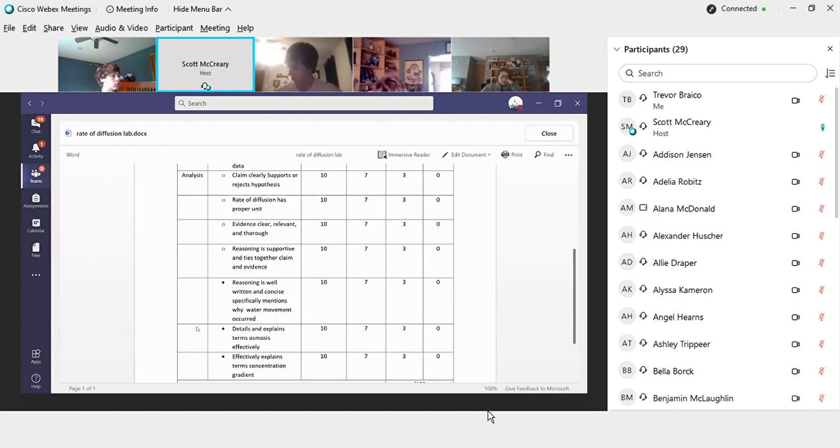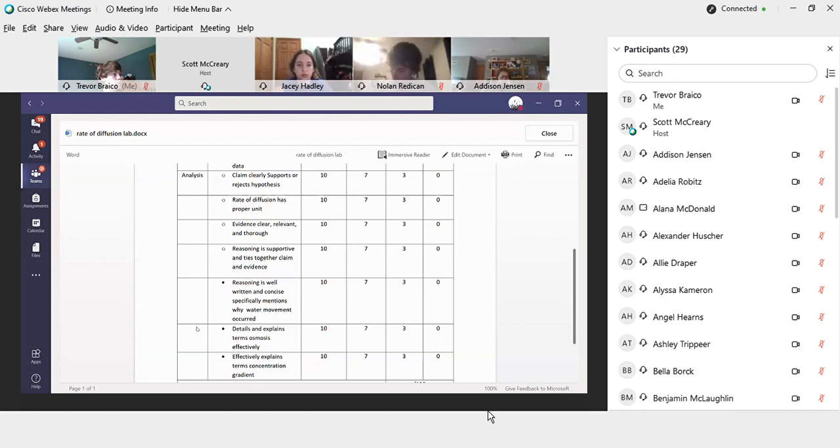What technical vocab term did we create? Hypertonic solution. We created a hypertonic solution, which in turn created a concentration gradient, right? So we created a concentration gradient, which allowed the water to move from a high concentration to a low.